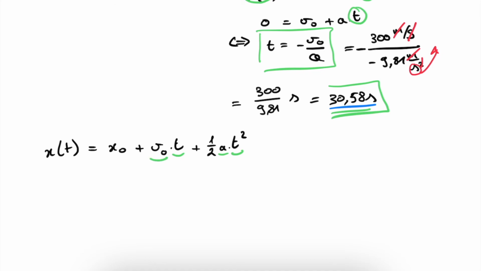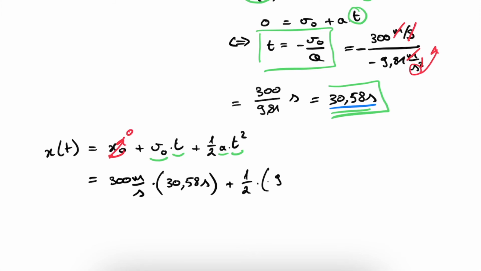We know v, which is 300 meters per second. And we know that x0 is 0, which gives us 300 meters per second times 30.58 seconds plus 1/2 times minus 9.81 meters per second squared times 30.58 seconds squared.